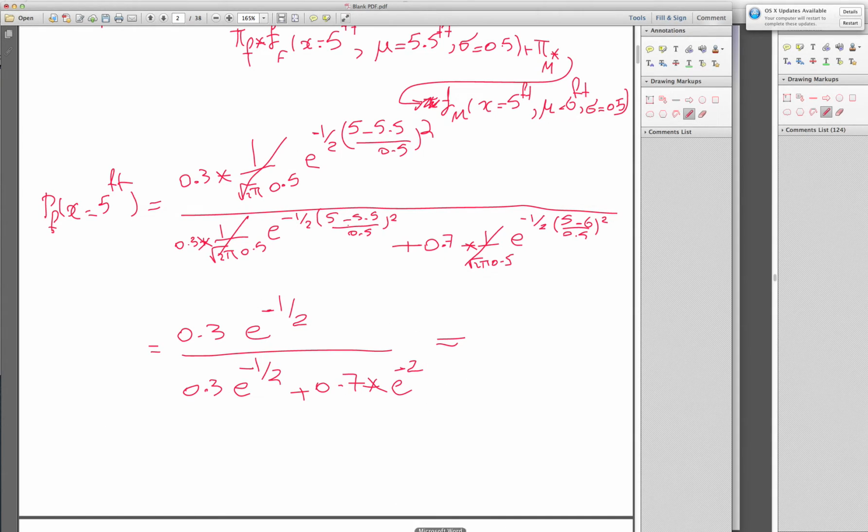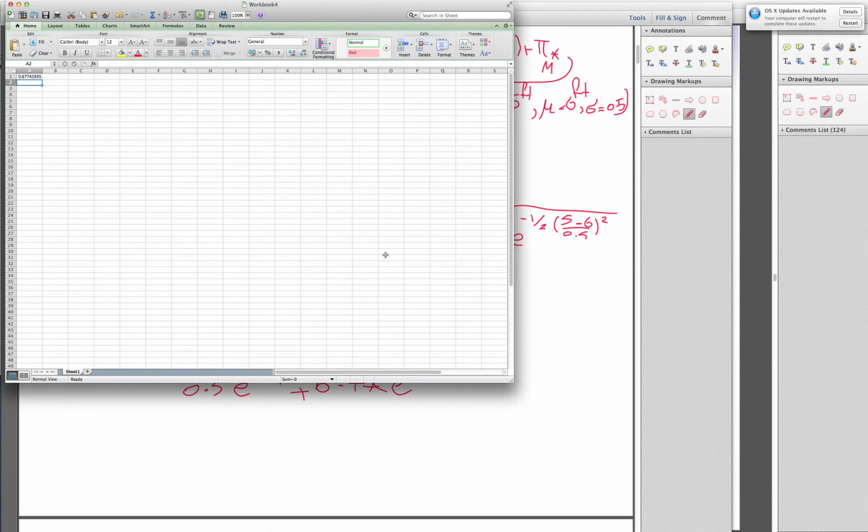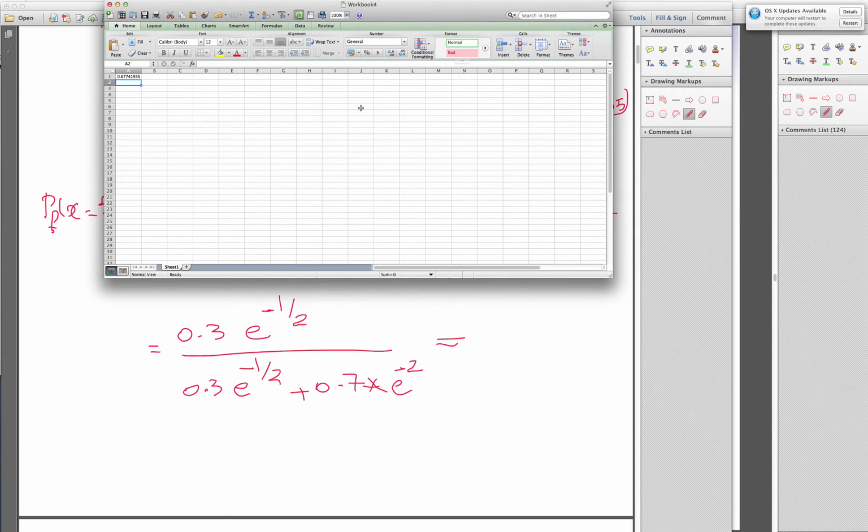And let's calculate that part now. So that is equal to 0.3 times exponential negative 1 over 2, plus 0.7 times exponential function of negative 2.